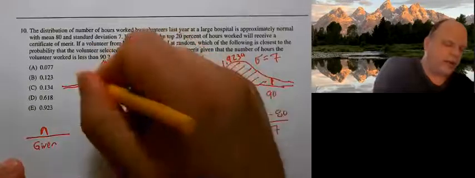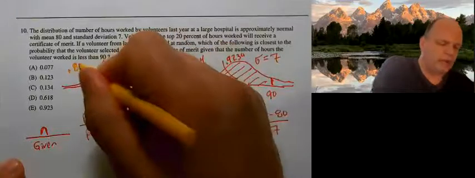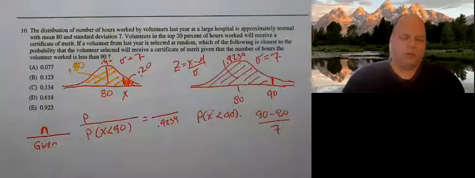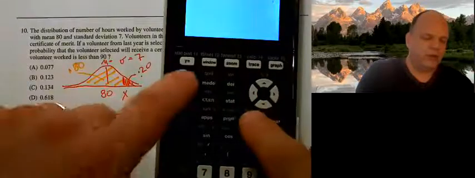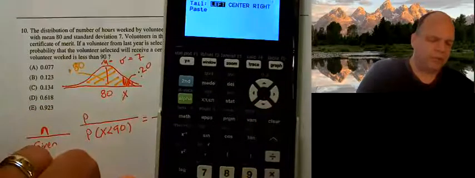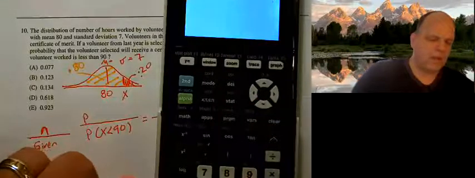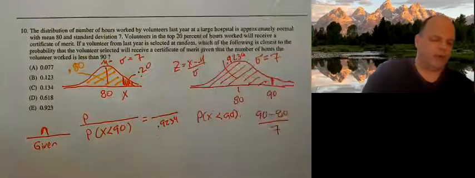So this area right here happens to be 1 minus 0.20, which is 0.80. So I'm going to do an inverse norm of 0.80 to get the z-score. Second vars, inverse norm, 0.80. So I get a z-score of 0.8416.